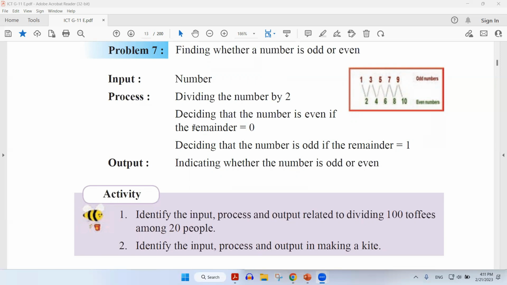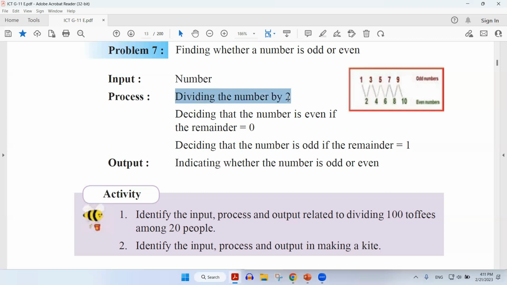So here the problem is finding whether a number is odd or even, right? So how are we going to manage this problem? That means any particular number is given, and the program should output whether the input number is an odd one or an even one. We are going to have the number as our input. It's only the number that we want.